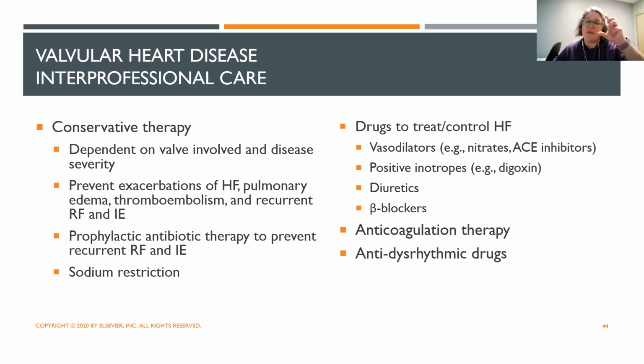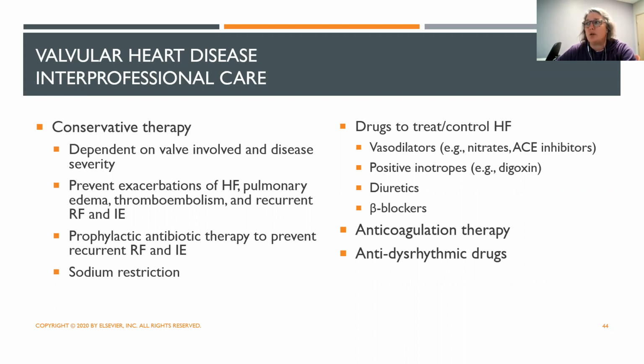If you're not able to have blood flow through the right way, it's either backflowing or it's just not able to get out through the valve, you have a risk of developing an emboli. And then that embolism travels. And then reduced recurrent rheumatic fever and IE. Prophylactic antibiotic therapy to prevent those RF and IE, and then a sodium restriction.